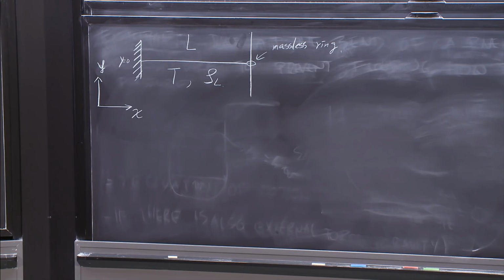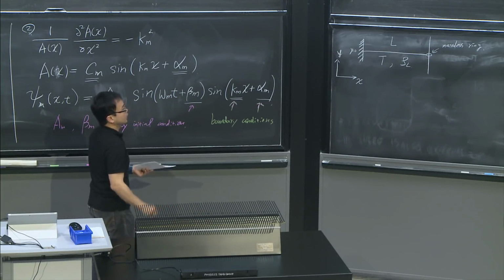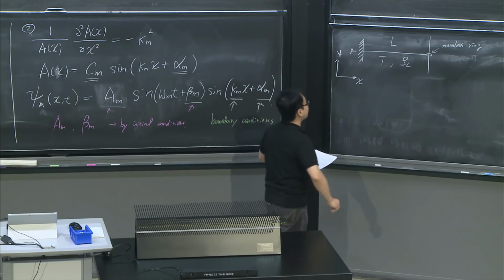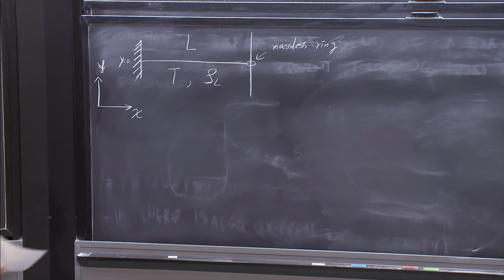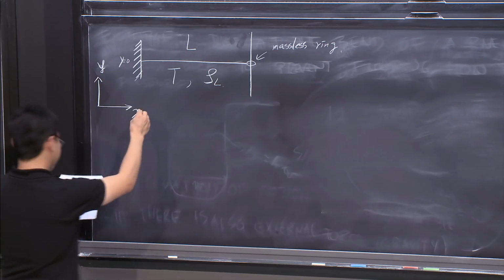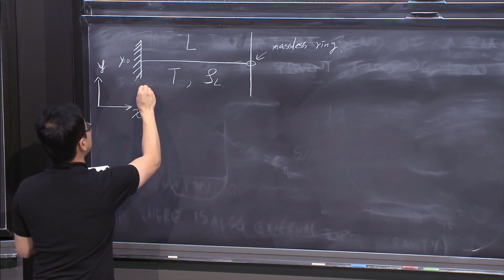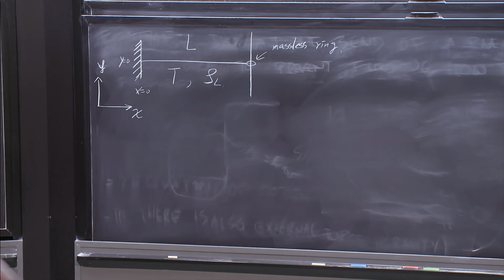When psi is equal to 0, the string is at rest, in the equilibrium position, not displaced at all with respect to y equal to 0. And x equal to 0 is the position of the left-hand side wall.